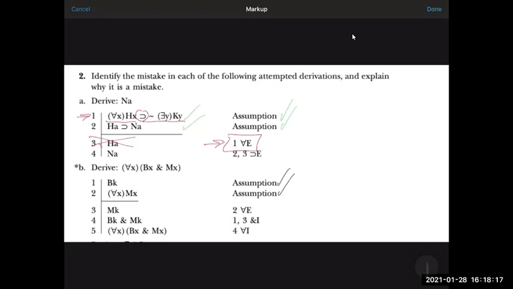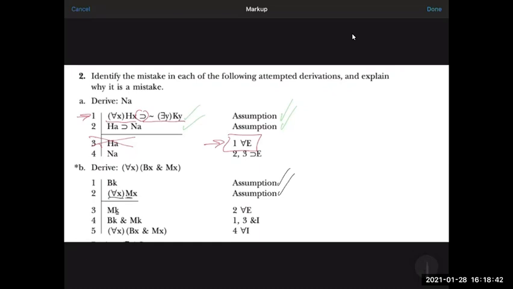Well, they say that's universal elimination from line 2. And remember that what universal elimination means is literally everything has a property M. So if everything has a property M, well then guess what? K has the property M. So that is a legal inference. That's definitely okay.